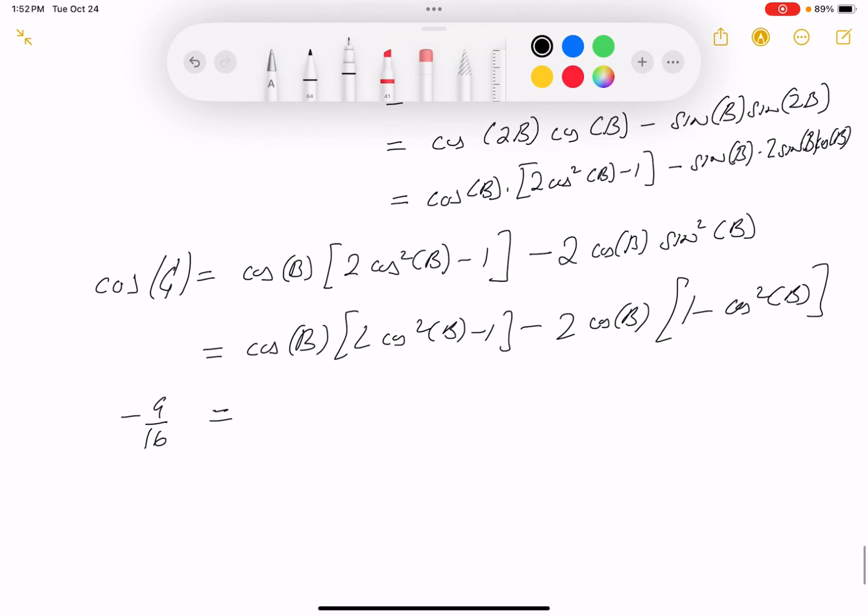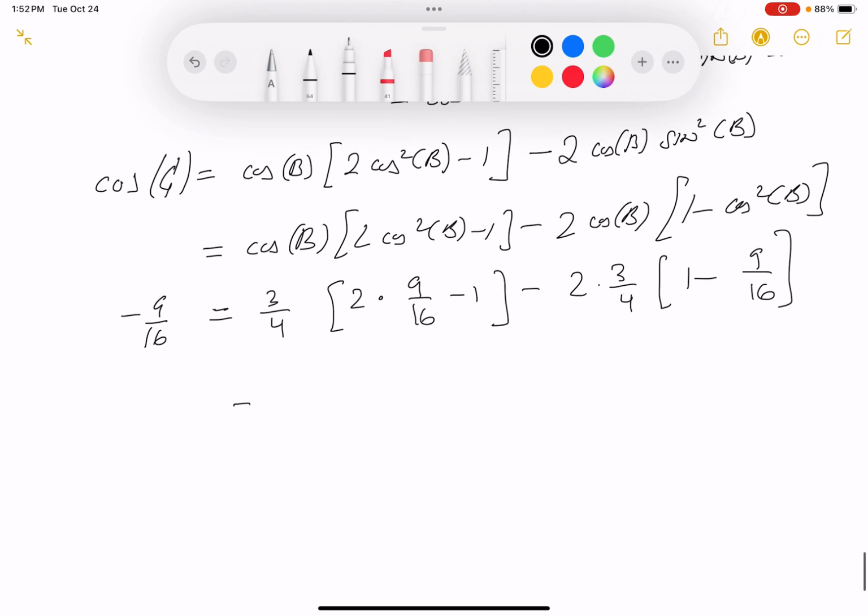And the cosine of B is 3/4. Let's write this down. 3/4. 2 times 3/4 squared, which is 9/16, minus 1, minus 2 times, again, the cosine of B is 3/4. And this will be 1 minus 3/4 squared, which is 9/16.